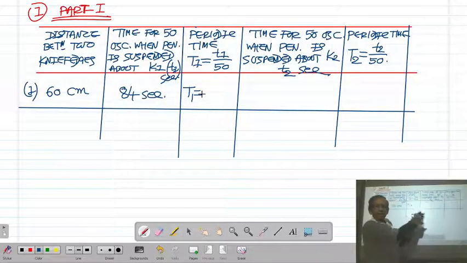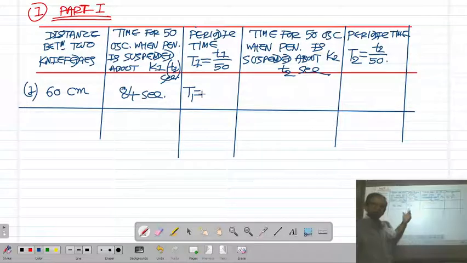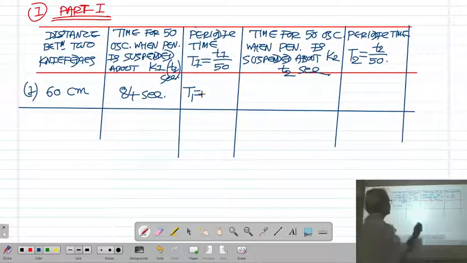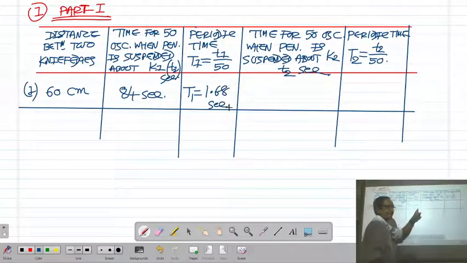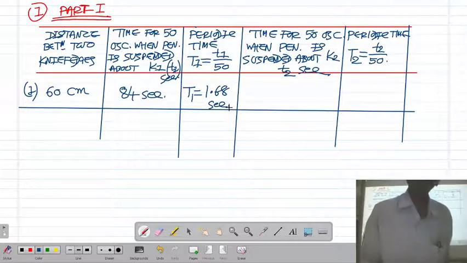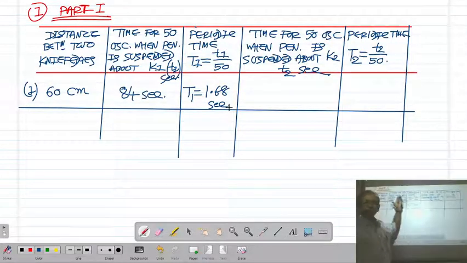Set the pendulum into oscillation and measure the time for 50 oscillations. So this is 84 seconds. Time for one oscillation will be 84 upon 50, which approximately comes to 1.68 seconds. So 1.68 seconds is the periodic time T1 of the Kater's pendulum with respect to knife edge K1.